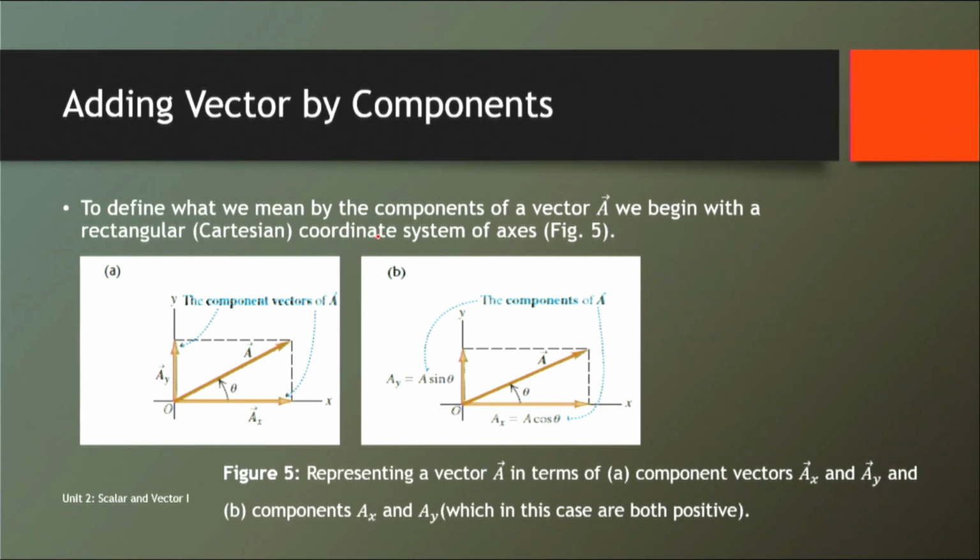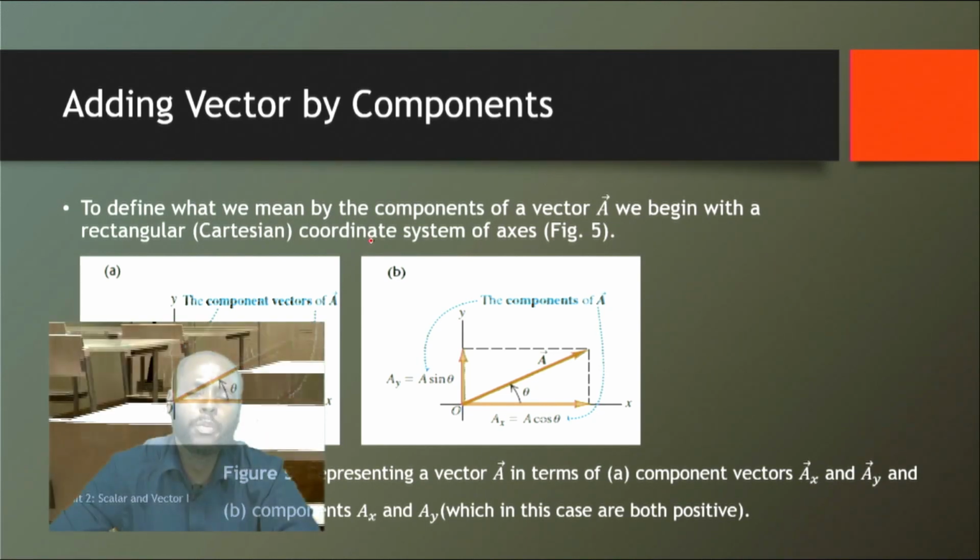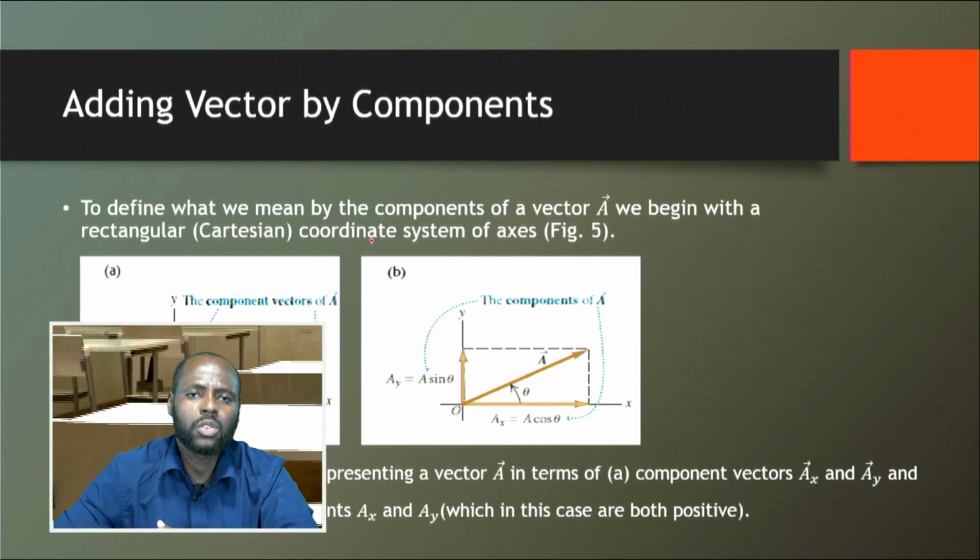All of these methods require proper scaling of our vector to the right magnitude and right inclination angle, which may be cumbersome and may not necessarily be precise. But for us to get accurate results and be able to solve more complicated vector summation or subtraction, we use what we call vector components.